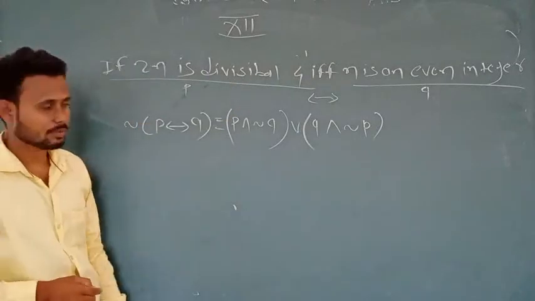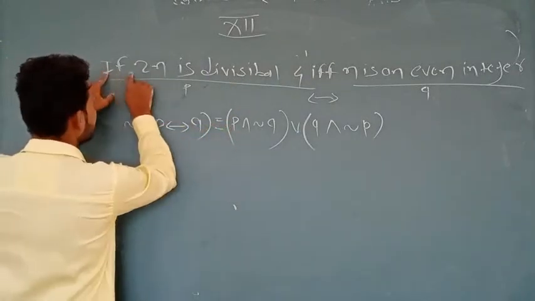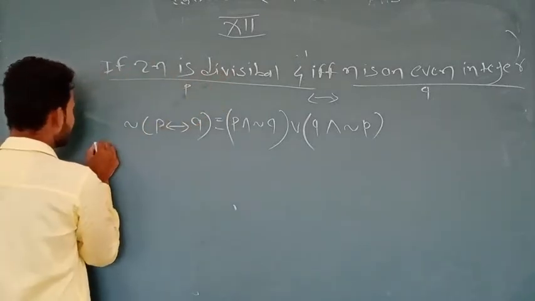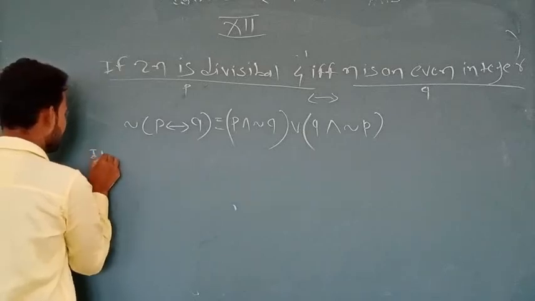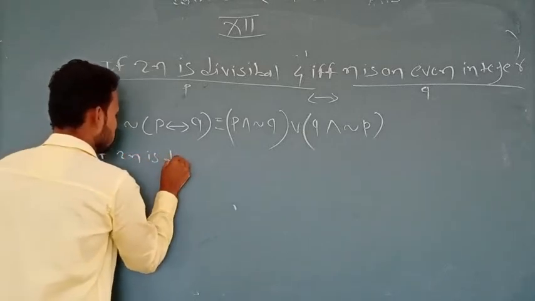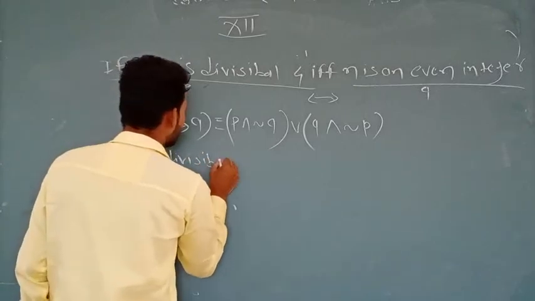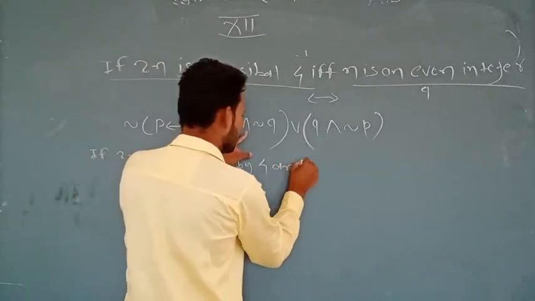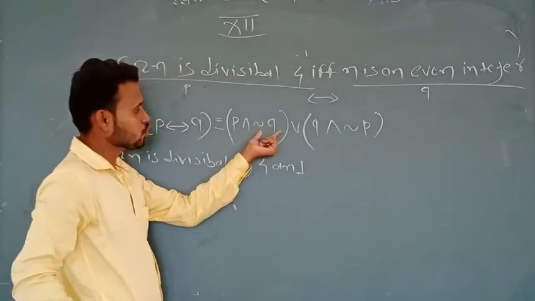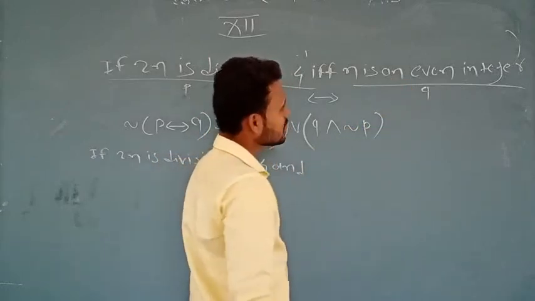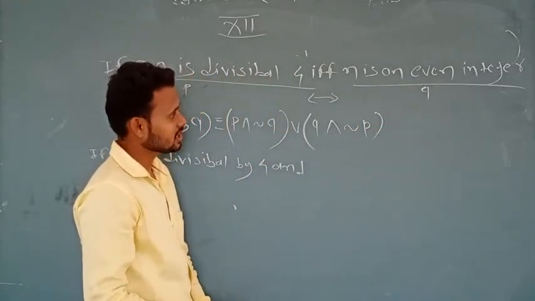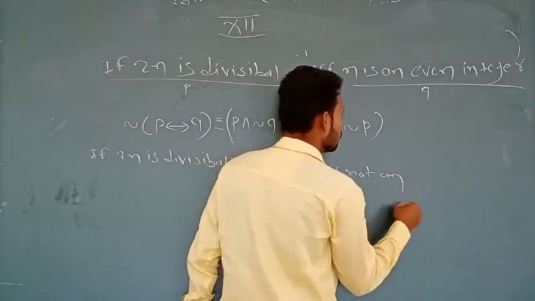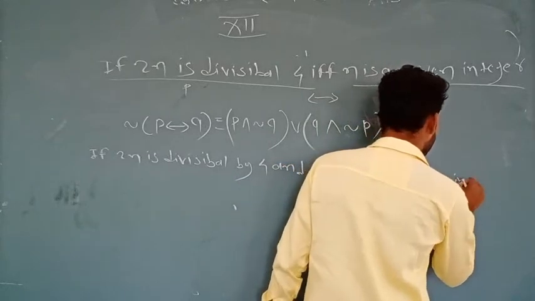Therefore, first the P statement as it is: if 2n is divisible by 4, and with just the negation of the Q statement. The negation of n is an even integer is n is not an even integer.